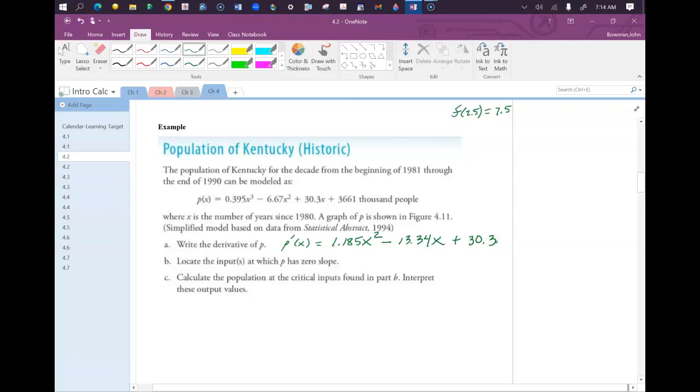In part B, we're asked to locate the inputs at which p has a slope of 0. So effectively, what we want to find is where p prime of x is equal to 0. And we are going to use Desmos to do that for us.